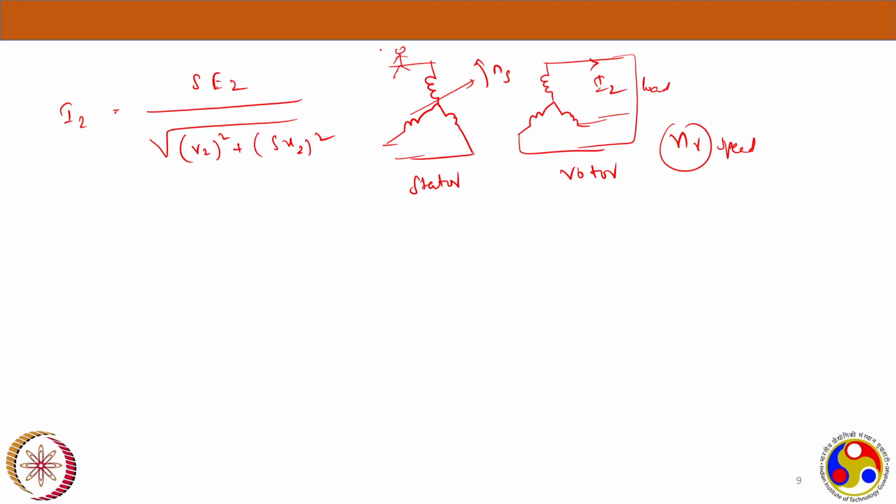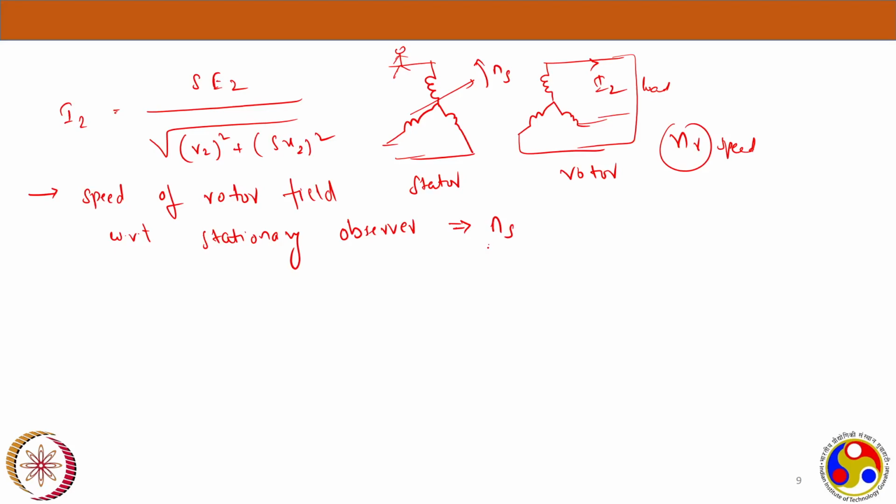If he observes the speed of the rotor field, what is it? We discussed this. Not the speed of the rotor, the speed of the rotor field is nothing but ns. Speed of the rotor field with respect to a stationary observer is ns.